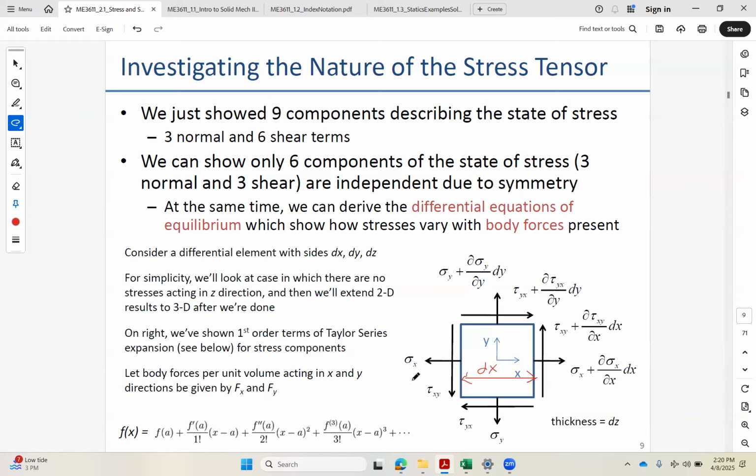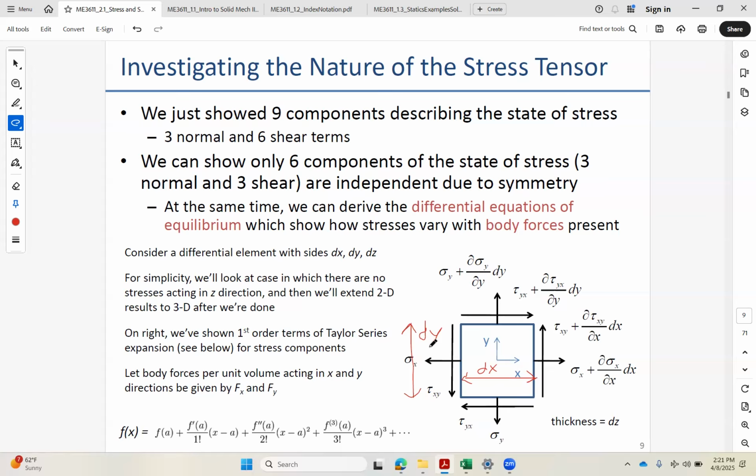So if we go some distance dy right here, those stresses on the bottom could change going from the bottom to the top. So sigma yy, then some change in that stress with y times the dy distance. And same story with the yx shear, could change going from the bottom to the top by that much.